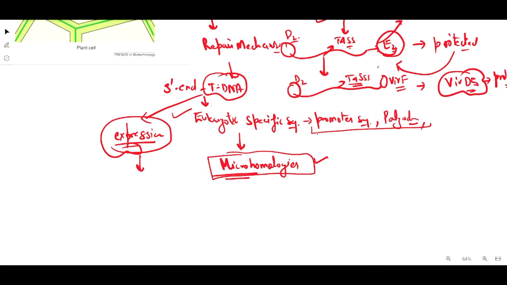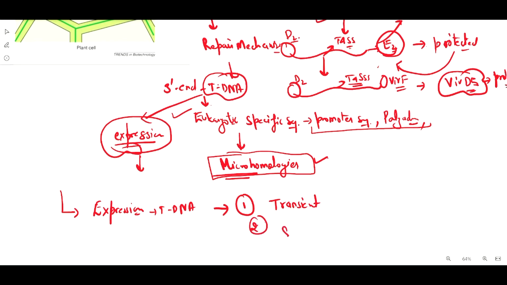After the integration, another step comes, which is the expression. What type of expression of T-DNA will occur? The T-DNA expression could be of two types: number one, transient, and second, stable transformation. Transient means the gene is transcribed without the integration.